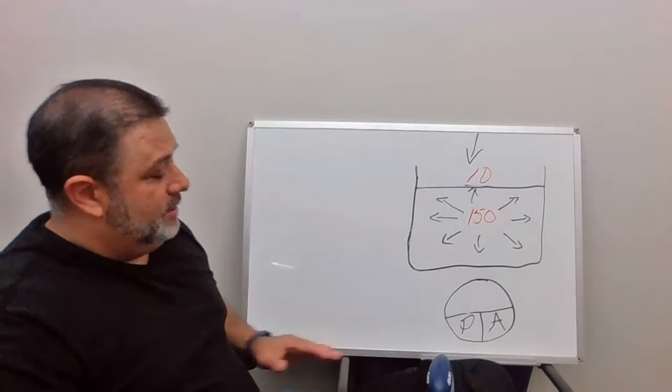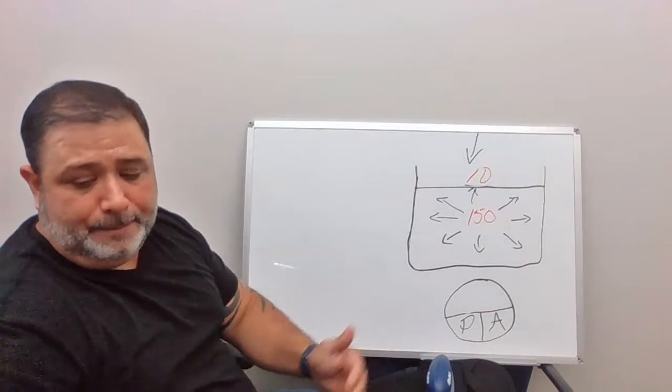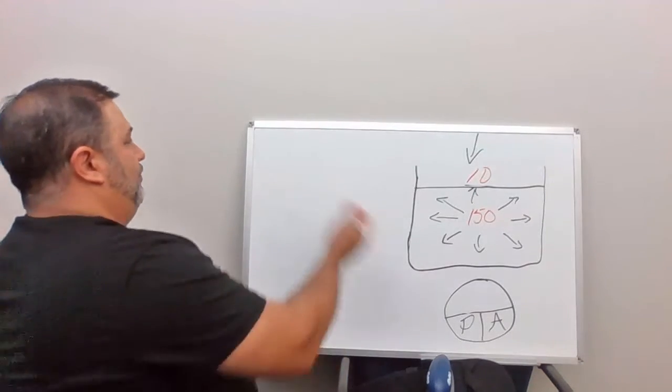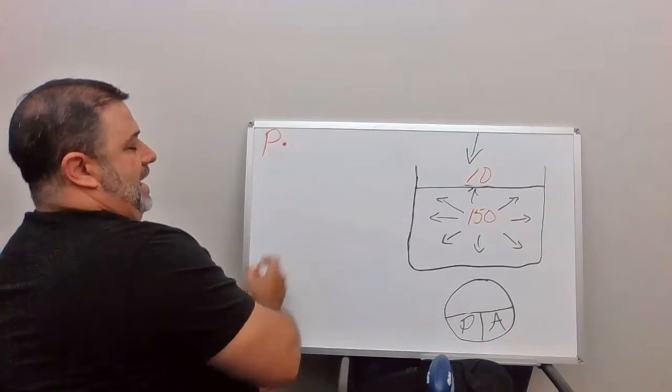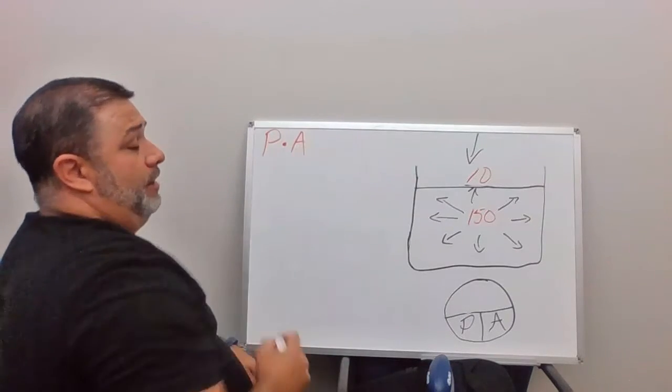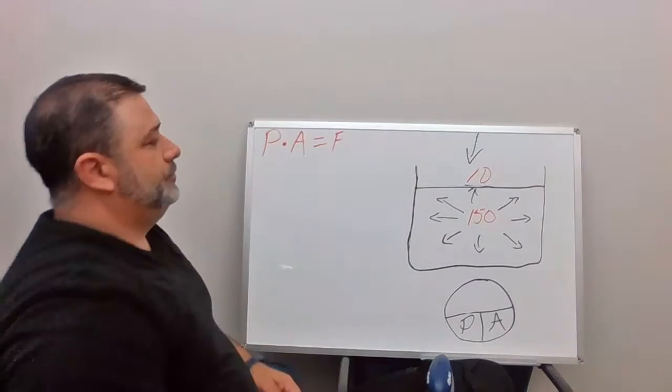Now, our little saying down here, side to side, we multiply. So, we know our pressure. We're going to multiply that by our area, which we know, which is going to equal our force.